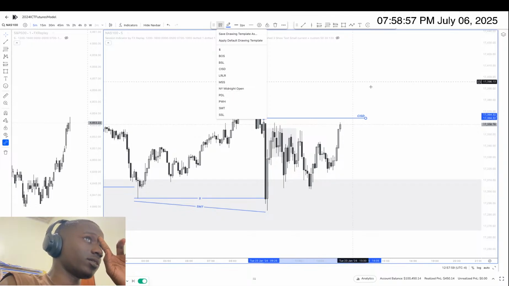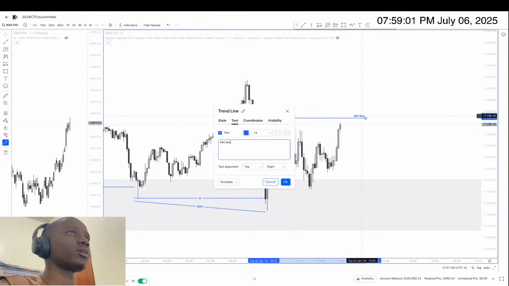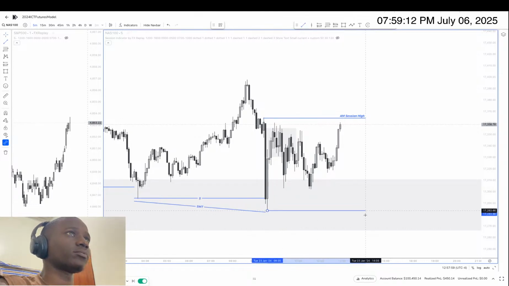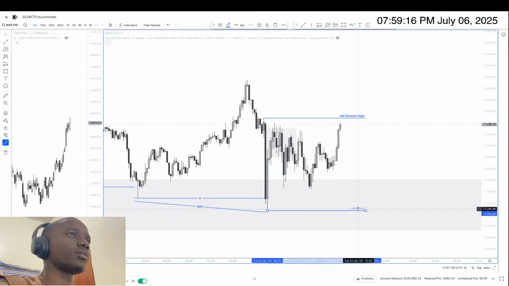How can I mark it? Let's write previous session high, AM session high, right? And we also have an AM session low here. So we're currently in this range. AM session low.